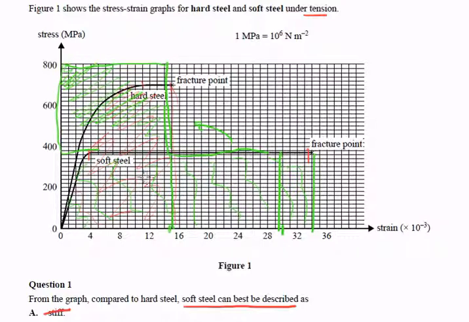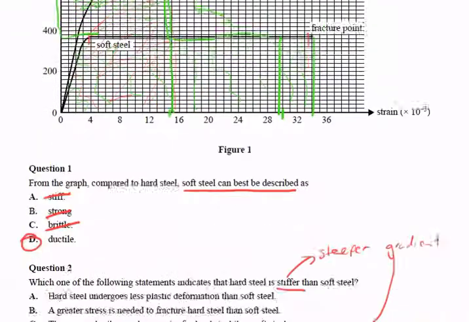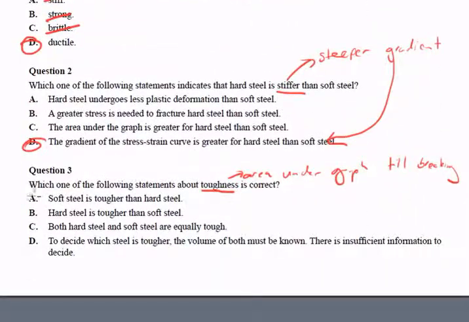So this green stuff has more area than the red one. That's just how I sort of compared them. So soft steel is tougher than hard steel.